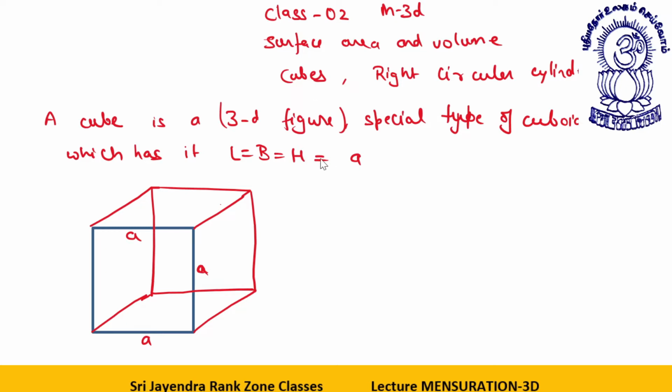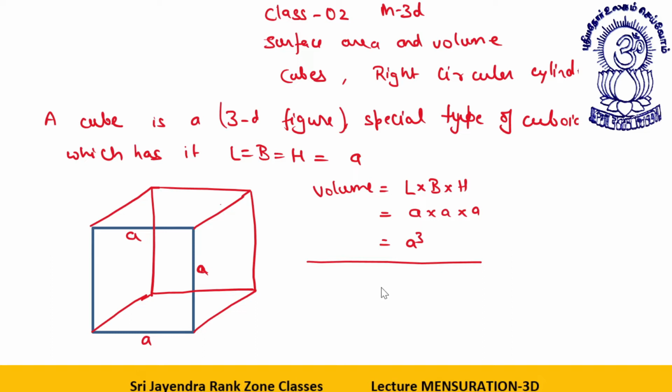Since length is equal to breadth is equal to a, what will be the volume? Volume will be length into breadth into height, that will be a into a into a, or a cube. This portion is done.